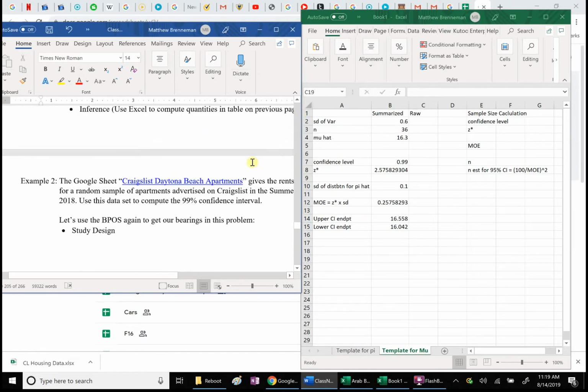Here we go. This is the Craigslist Daytona Beach apartment data set. This is an actual data set that I did a while back, and basically what we want to do is get the 99% confidence interval for the average rent.